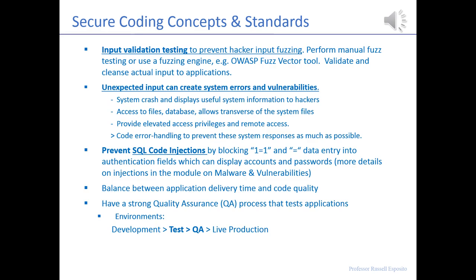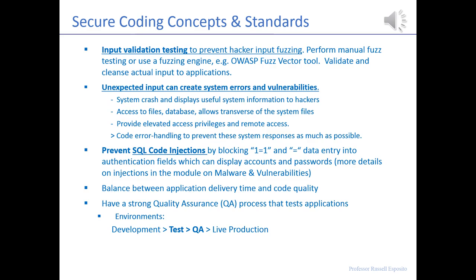All of these errors have to be prevented so that the system responds in a way that you want it to respond and not crash. So prevent these bad system responses as much as possible by coding error handling techniques. So these kinds of errors don't happen. It doesn't crash. This unexpected input won't crash your system.